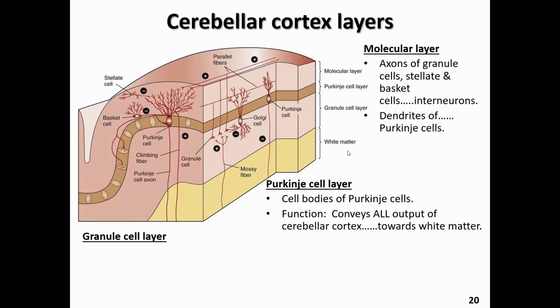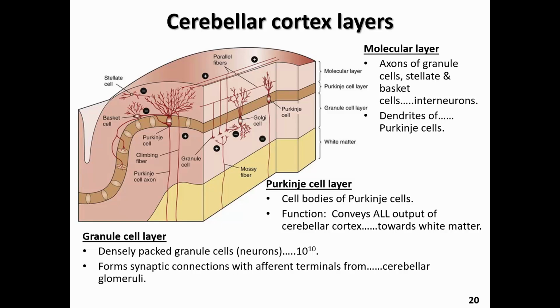And the innermost layer, the deepest layer of the cerebellar cortex, is the granule cell layer. And this is a very densely packed layer with granule cells. And it's estimated that there are 10 to the 10 cells contained within this portion of the cerebellum, giving this portion a very dense, hard type of texture.